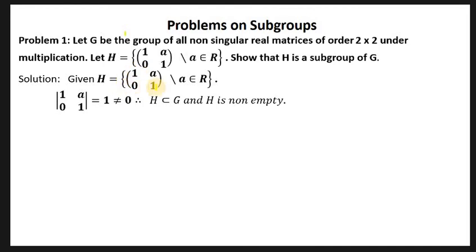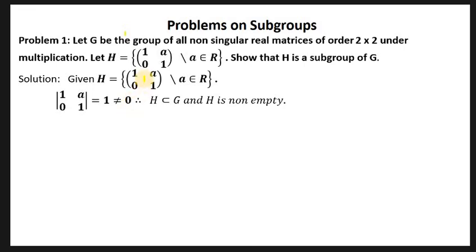To check that, let us find the determinant of [1 a; 0 1]. 1 into 1 is equal to 1, minus a into 0 is 0, so 1 minus 0 is equal to 1. So the determinant value of [1 a; 0 1] is equal to 1, which is not equal to 0.